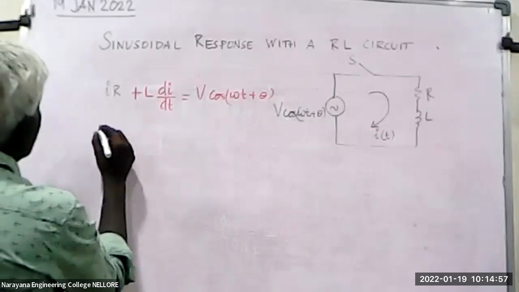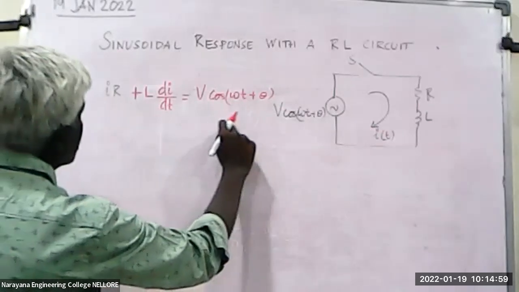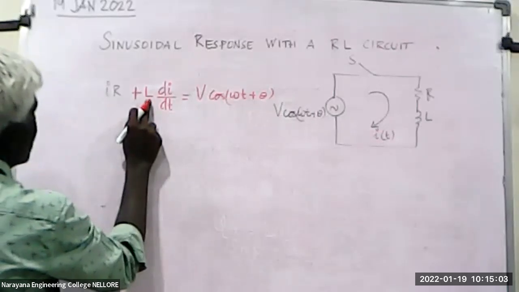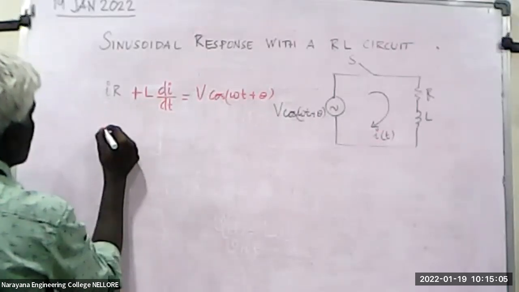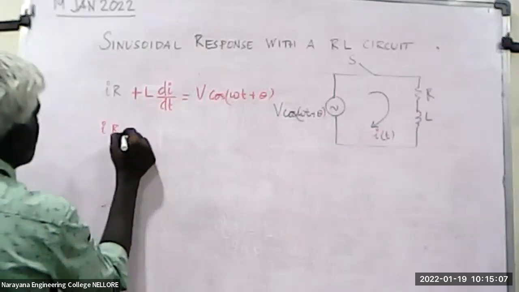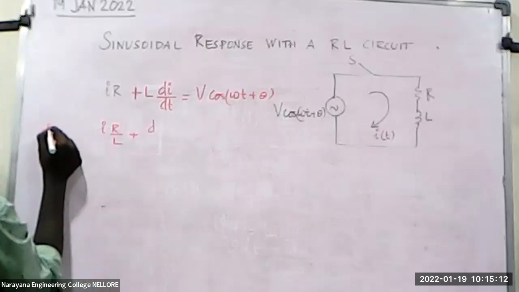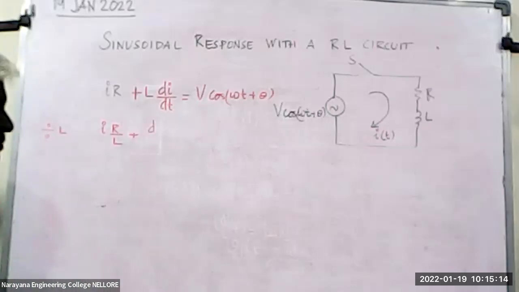Now we divide the entire thing by L. So we get iR by L, and L by L will get cancelled. So I divide by L throughout.